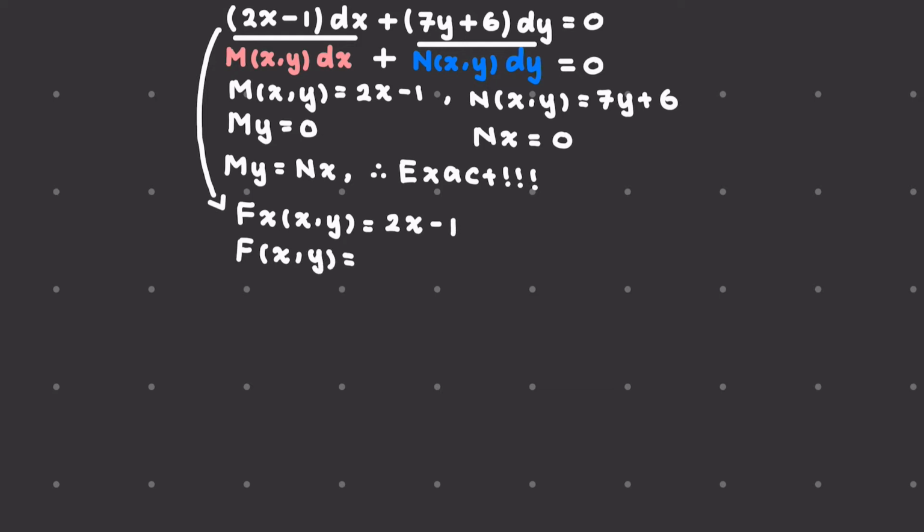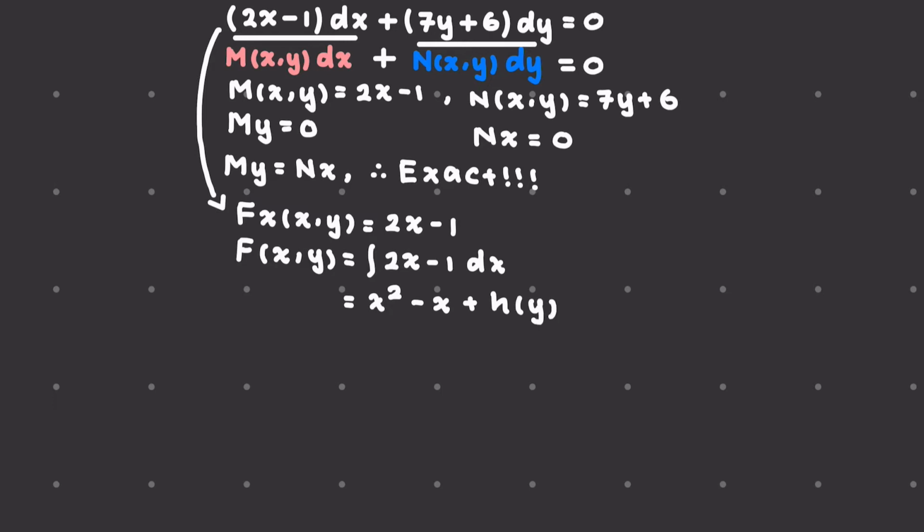That equals the integration of 2x - 1 dx, and this integration will give us x squared minus x plus h(y).